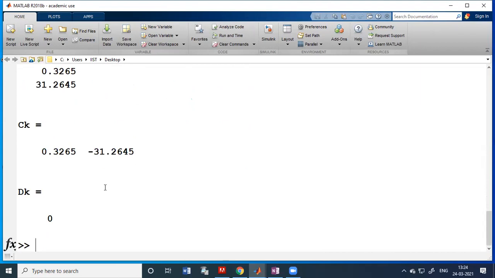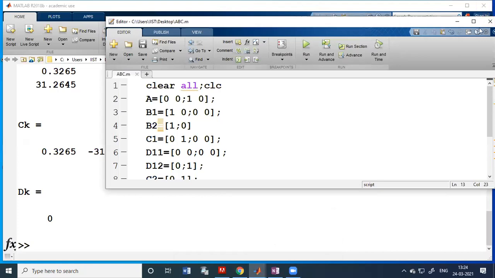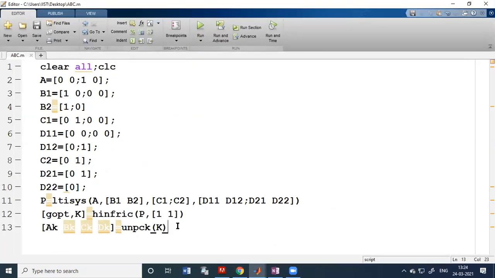So we had our plant in state space form, and the controller also in state space form. Is that fine? Yes, sir. Now we want to see what will be the controller transfer function form. So we have to convert this into its equivalent transfer function form. Next command, SS to TF.